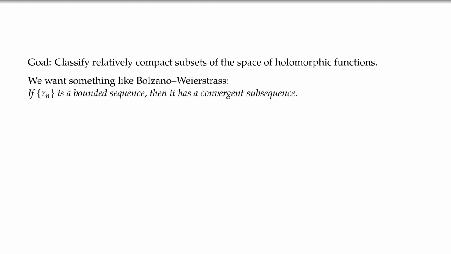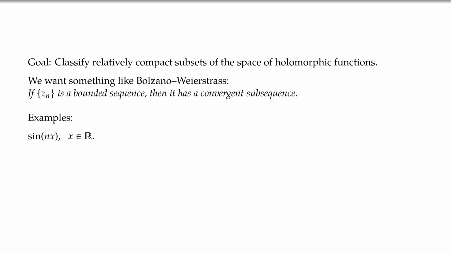What's interesting is that while we're not going to get an exact replica of this for continuous functions, we get a replica of this as essentially the same term for holomorphic functions, which is actually quite amazing.